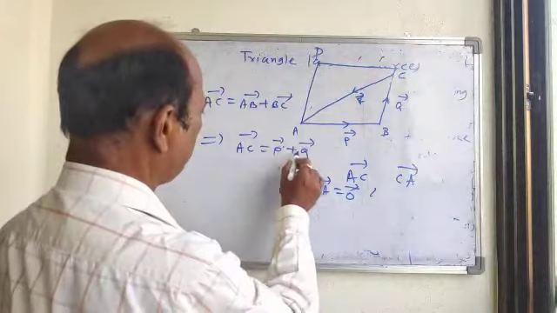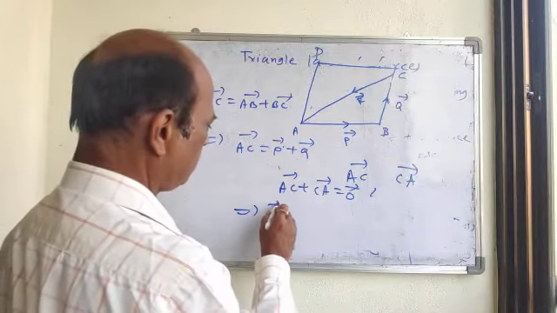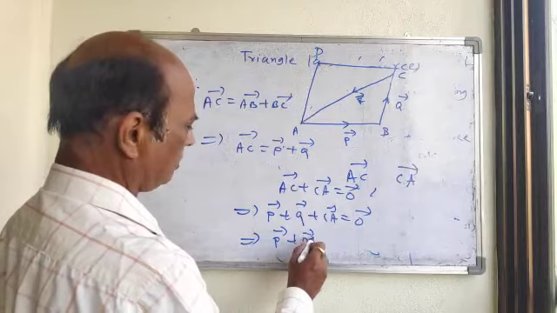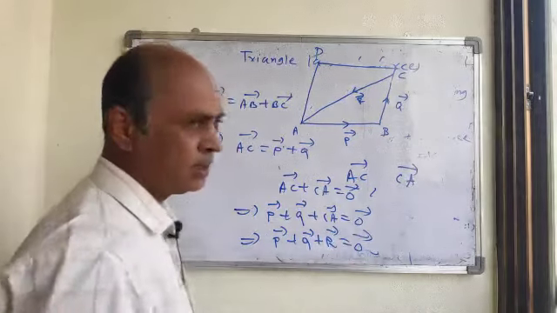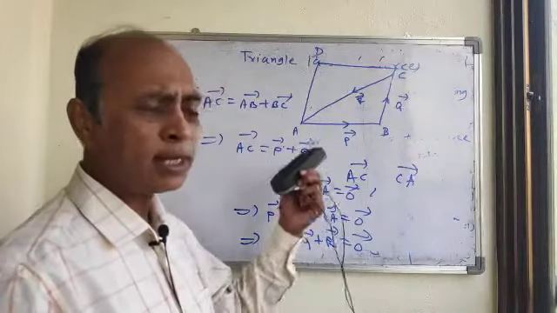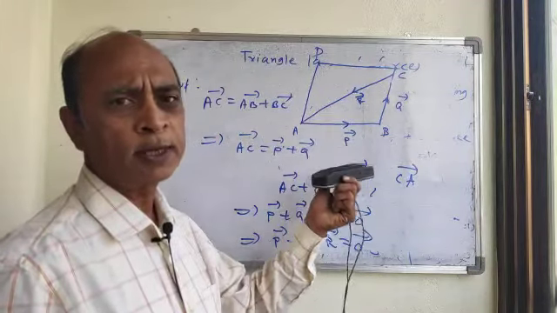But AC bar is equal to P bar plus Q bar, which implies that P bar plus Q bar plus CA bar is equal to 0 bar, and which implies that P bar plus Q bar plus R bar is equal to 0 bar. It means their vector sum is 0. And in this way we have proved that these forces P bar, Q bar, R bar are in equilibrium.